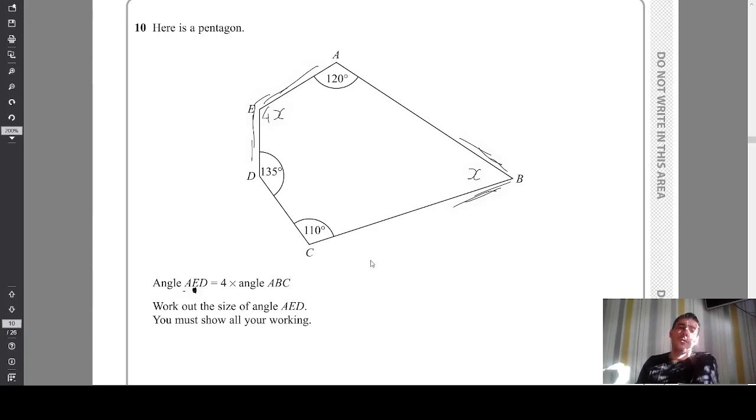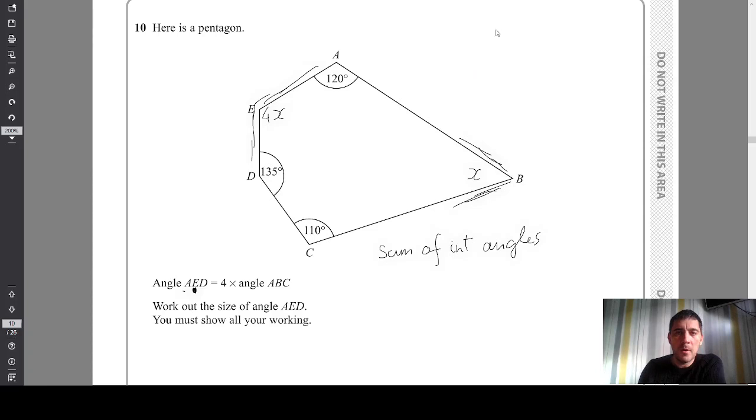We need to use the formula for the sum of interior angles, which you can look up in your formula booklet. Without that, we just need to understand that every single polygon is made out of triangles.